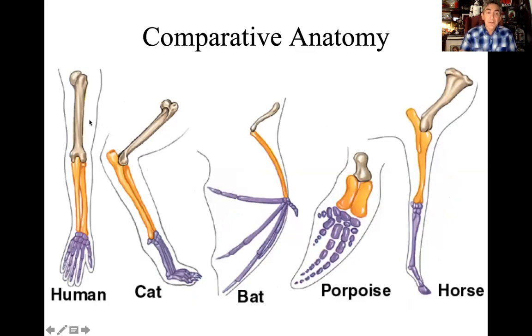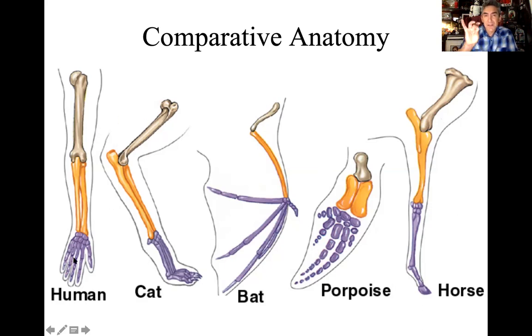Comparative anatomy: the bone structure is the same bones, but we see very different sizes, thicknesses, and complexities of the bones depending on what the animal is using those parts for. So again, we have the humerus, a smaller humerus, a stout humerus, again trying to serve a different purpose for the animal, right?